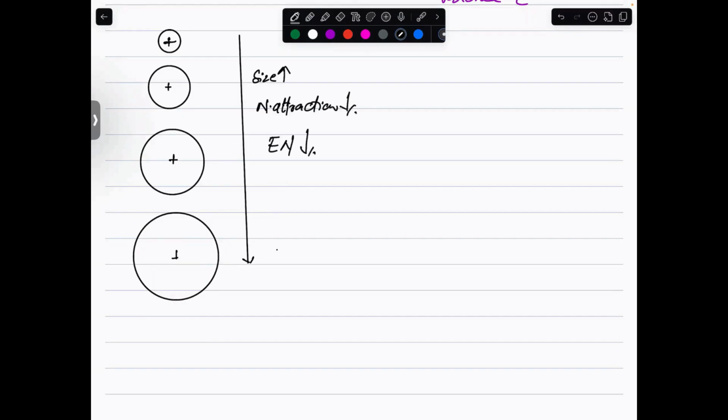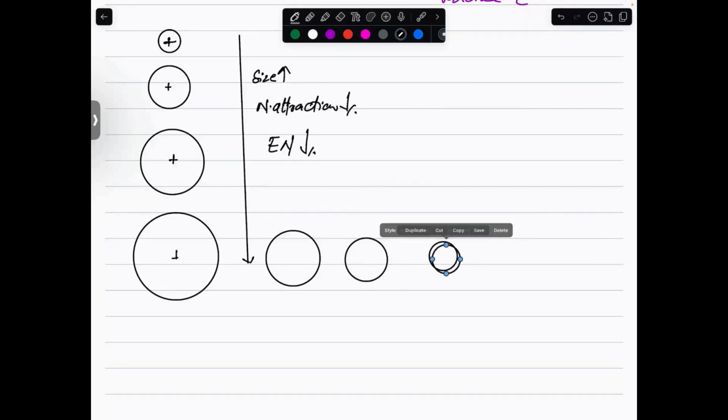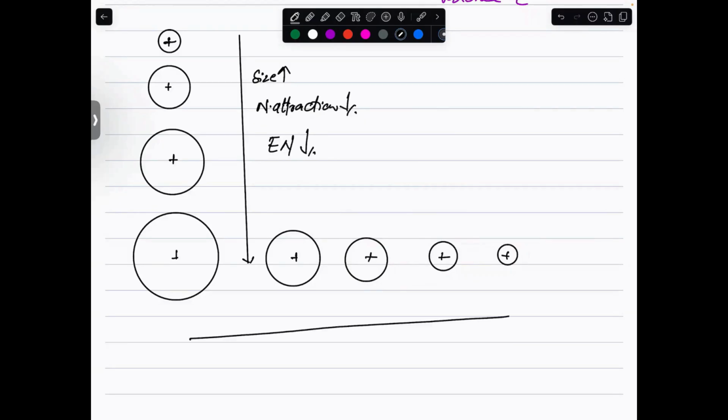But across a period, what is happening? The size decreases. Across a period, electronegativity increases because there's more nuclear attraction.